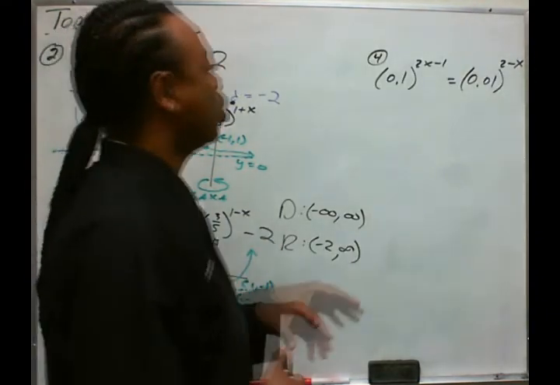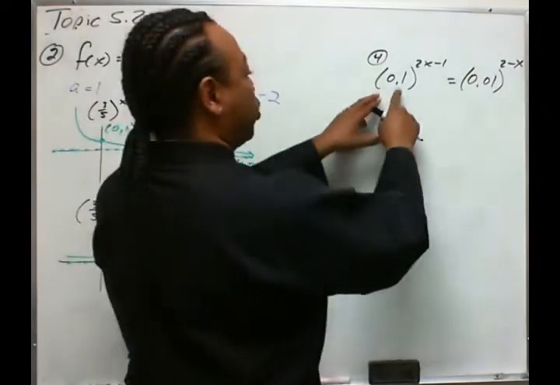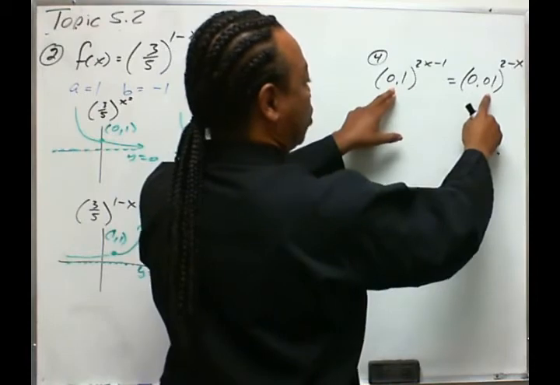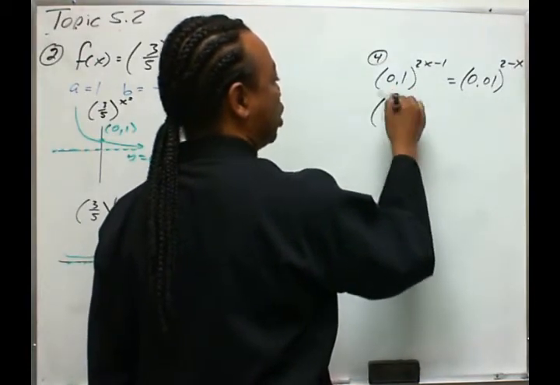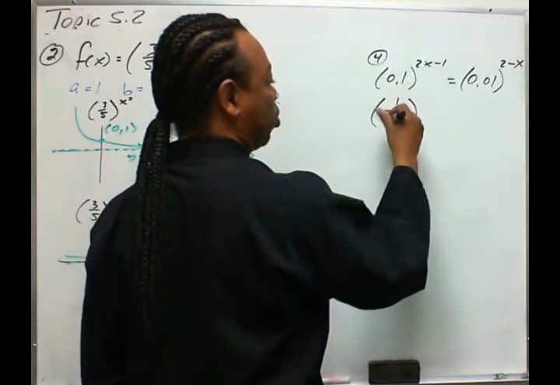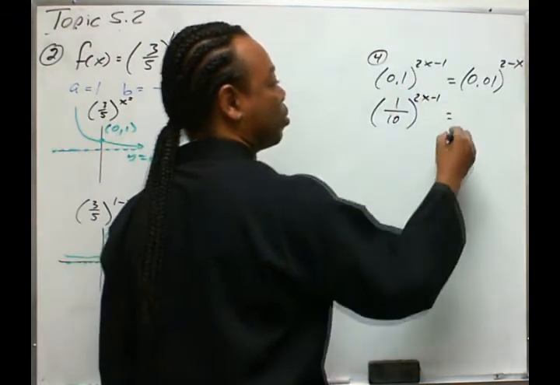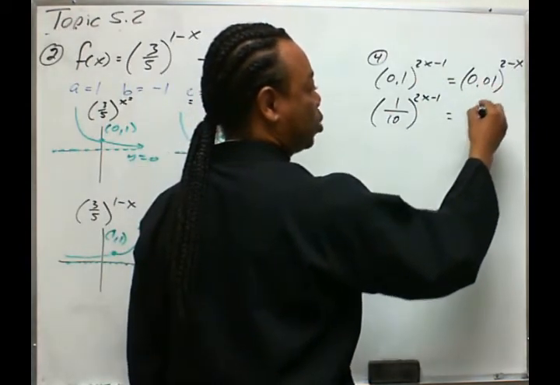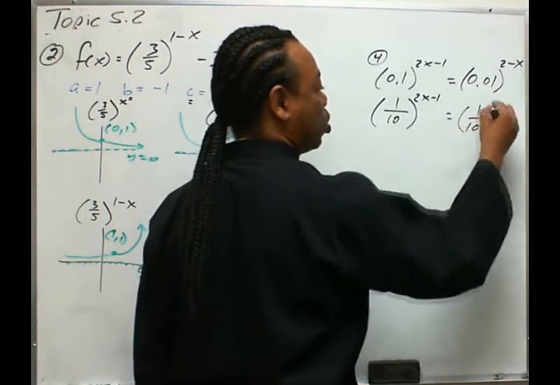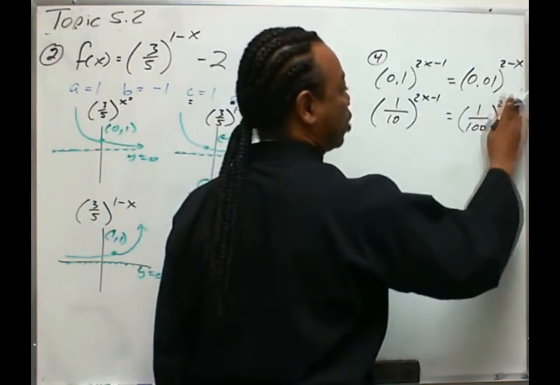Number 4. We want to solve this equation for x. First, I want to convert my decimals into fractions. So this will be 1 over 10 to the 2x minus 1, since this is only a tenths place, or one single place. This is 2 places, which is a 100th place, so this will be 1 over 100 raised to the 2 minus x.